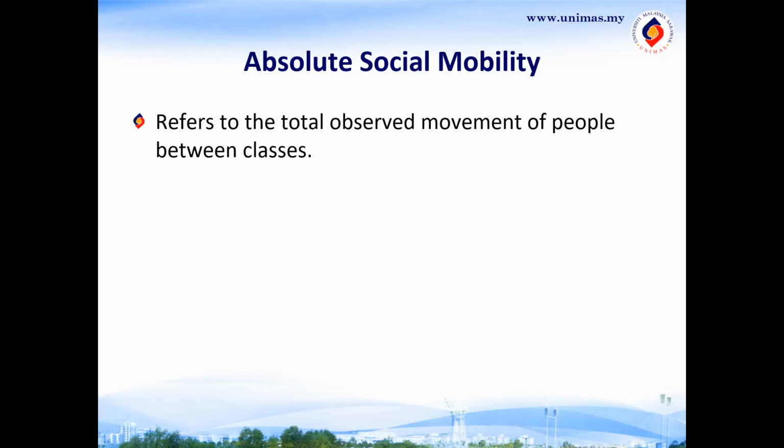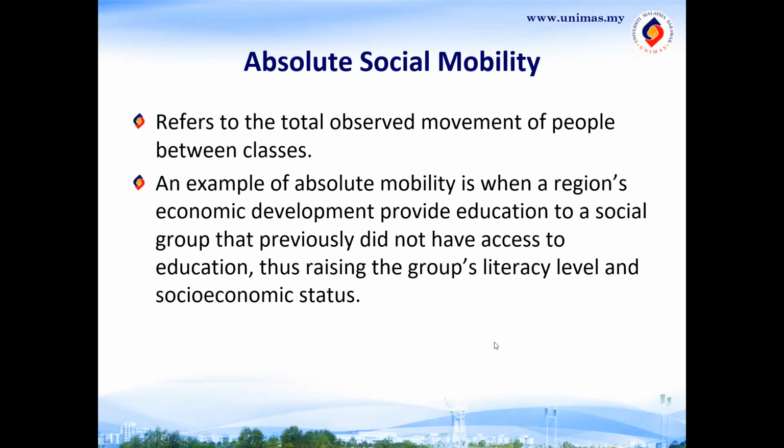the total observed movement of people between classes. Yang boleh nampak, kita boleh nampak, mereka ni berubah ataupun bertukar daripada kelas yang bawah kepada kelas yang atas. Contohnya, kalau dalam satu kawasan, regions economic development, for example, it provides education to a social group.